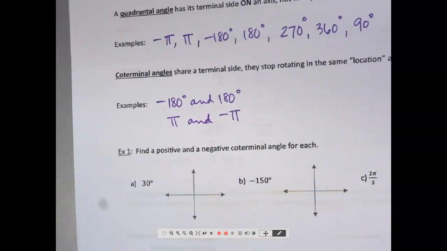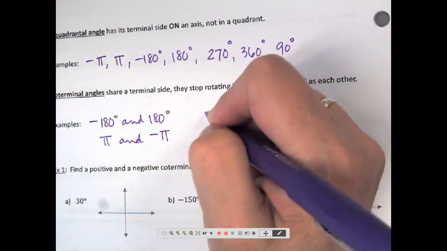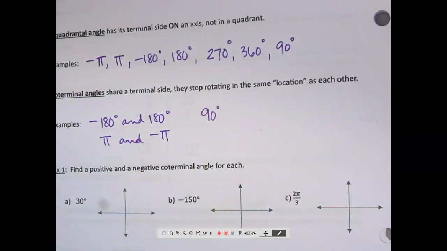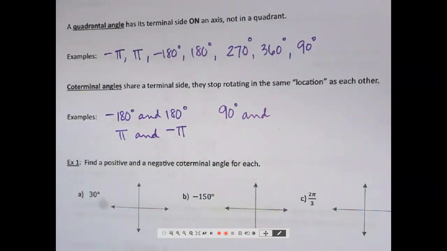Okay, what about, let's take 90 degrees. Find me something else that would be coterminal. Stop in the same place. Negative 270, yep. Okay, so 90 is right here, but also if I went clockwise 270, I would get there.